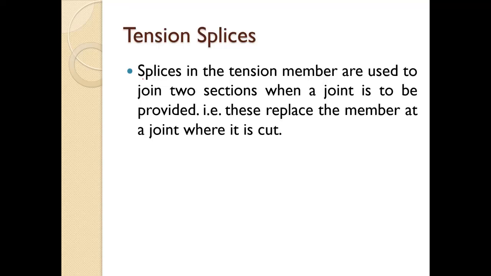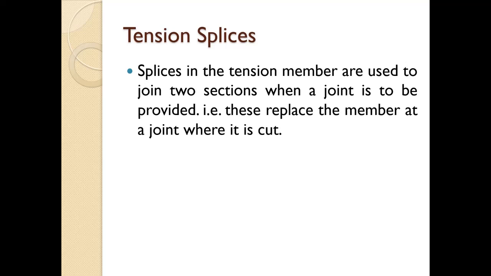Now the tension splice. So the splices in the tension member are used to join two sections when a joint is to be provided. That is, these replace the member at the joint where it is cut. So why are these splices necessary? Actually, in the market we don't have the longer sections as per our requirement.